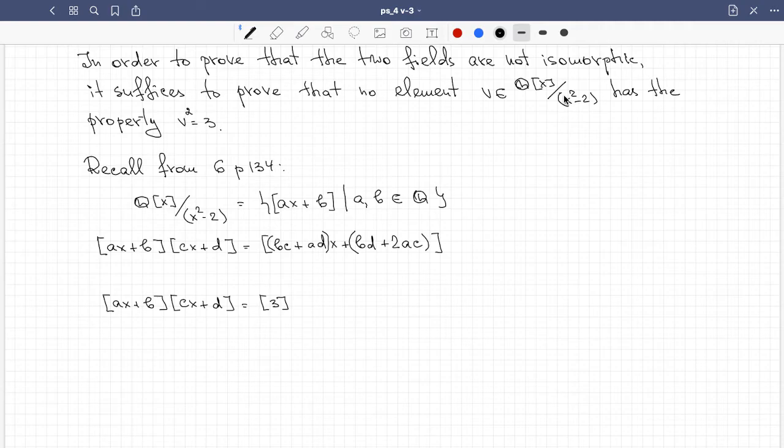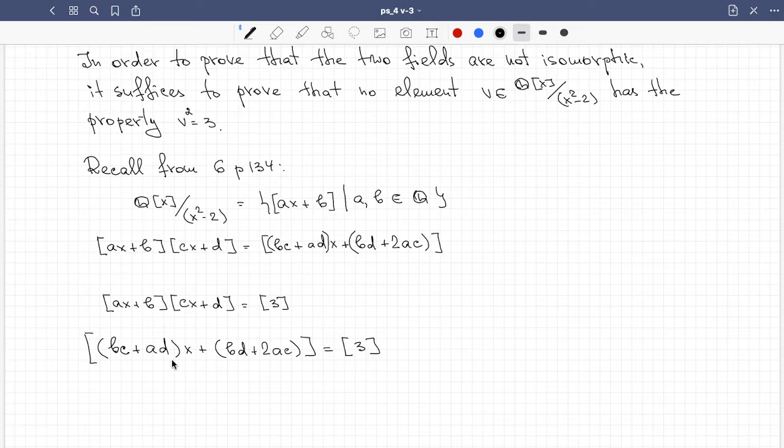That means I use this formula: (bc plus ad)x plus (bd plus 2ac) is the class of 3.